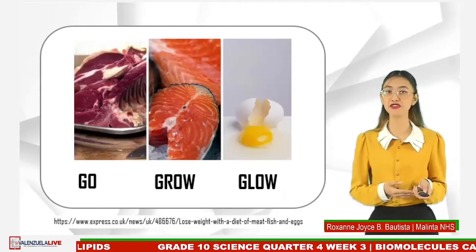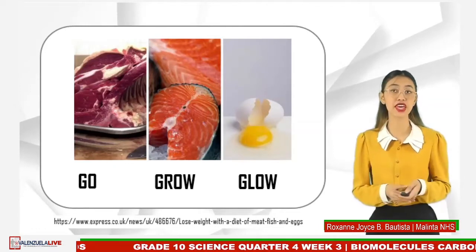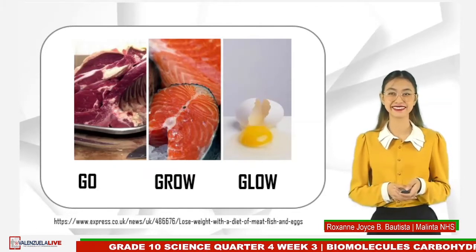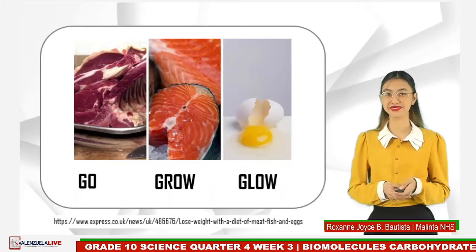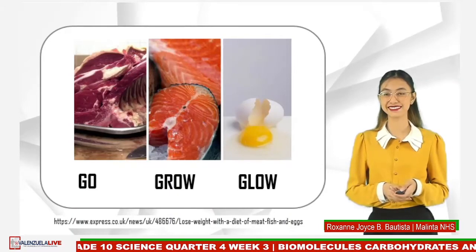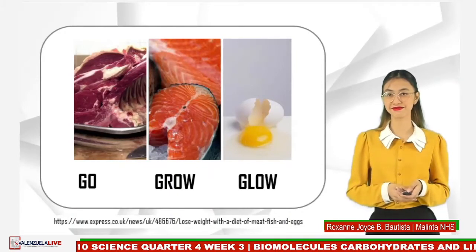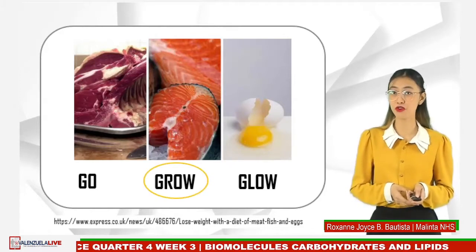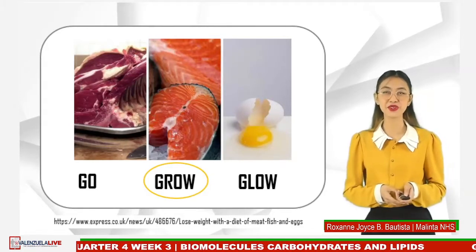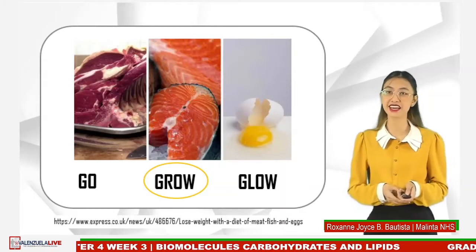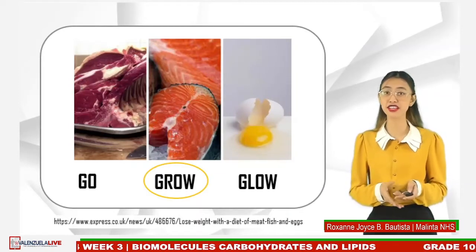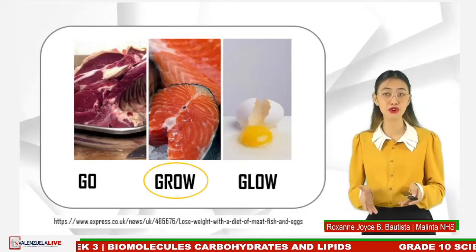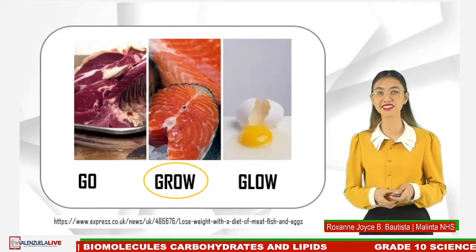Next, we have meat, fish, and eggs. If Grow foods is your answer, then you are absolutely right. Meat, fish, eggs are examples of Grow foods. Grow foods help build our muscles.